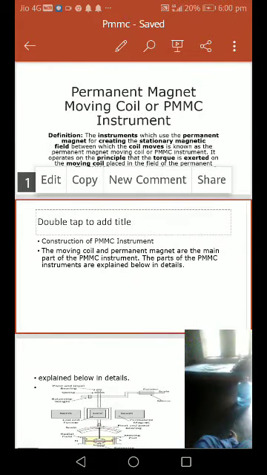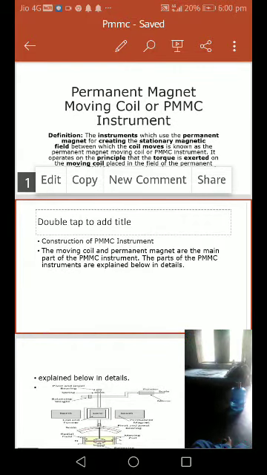Next slide is the PMMC principle. Take a permanent magnet and insert a conductor rotating in the magnetic flux.